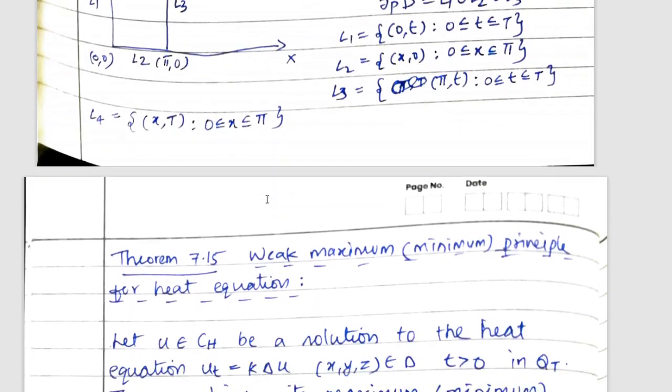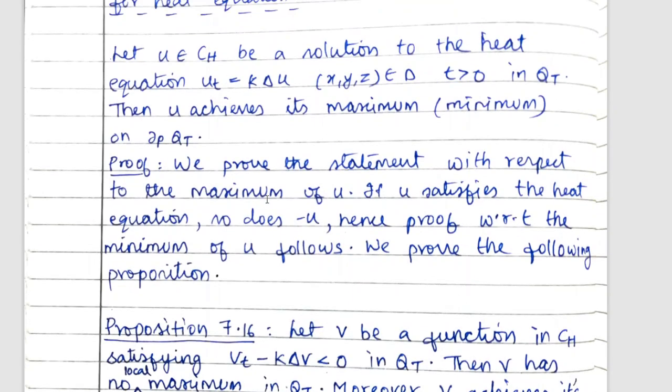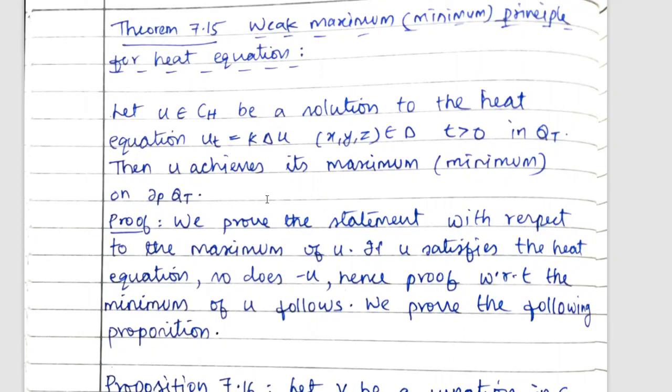So by keeping all this notation in mind, we are going to prove, first of all, the weak maximum principle for the heat equation, and it applies to the minimum also. The statement is: let U, an element of CH, be a solution to the heat equation Ut equal to k delta U, where (x, y, z) is an element of D, t greater than 0, in Qt.